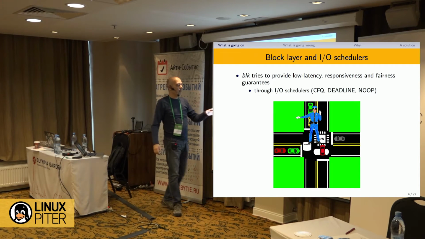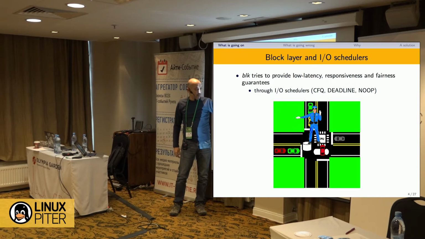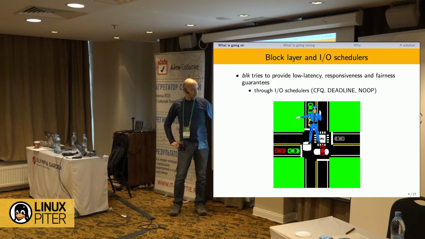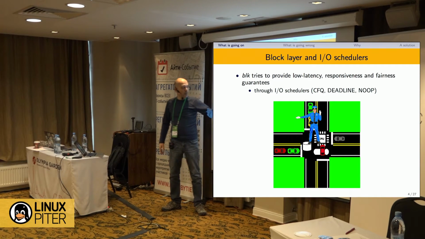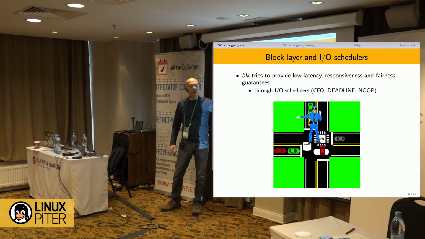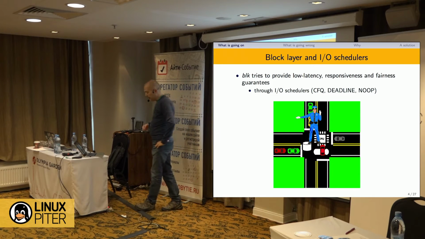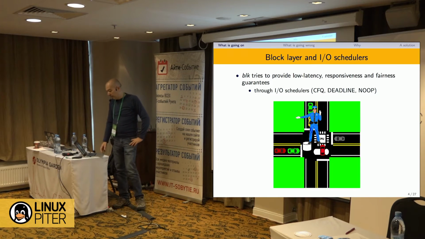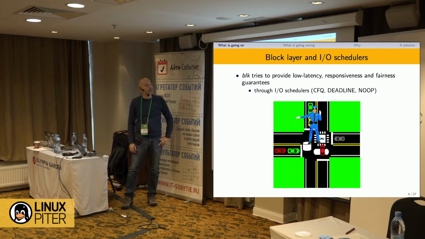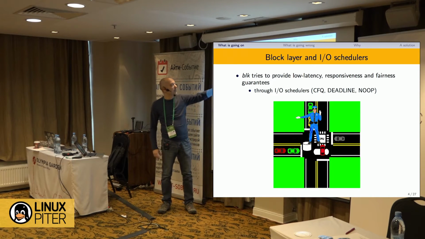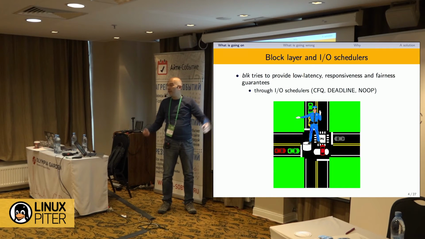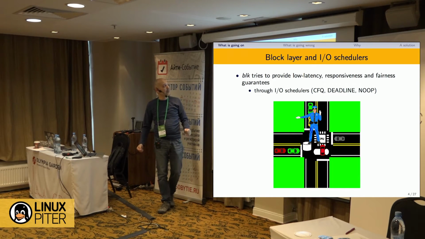In any case, the job of an I/O scheduler is more or less the same as that of a traffic policeman at an intersection. It just decides who passes, who uses the resource. And it does so to provide some useful service guarantees that typically are low latency, high responsiveness, and fairness in accessing the device.